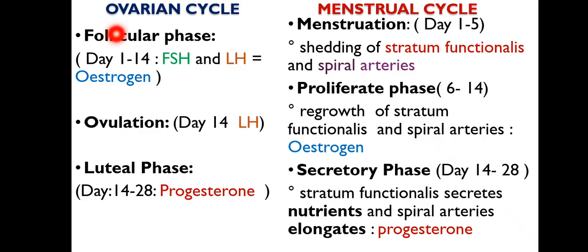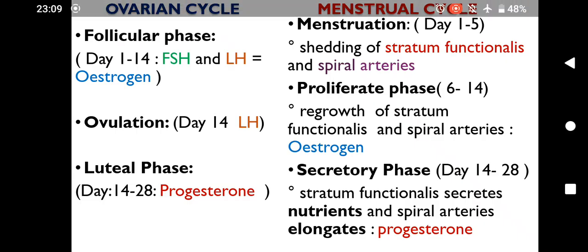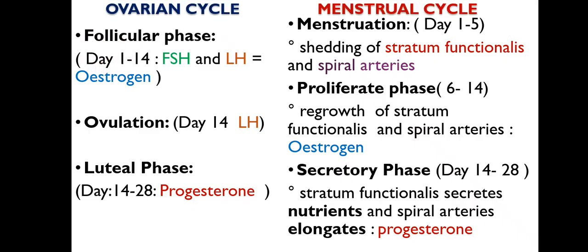Just from the word follicular, this is a phase in which the follicles are maturing, and as they mature, they bring about maturation and development of the female ovum, which at day 14 must be ovulated. So the follicular phase is that phase in which the ovum is developing in a follicle from day 1, day 2, day 3 up to day 14. We call it the follicular phase.